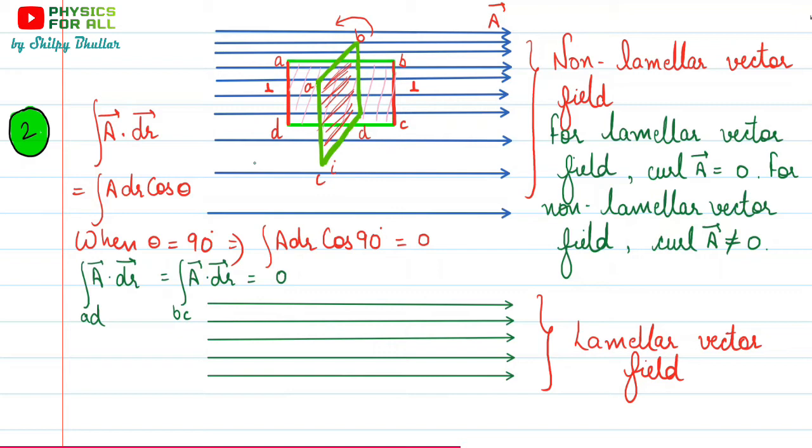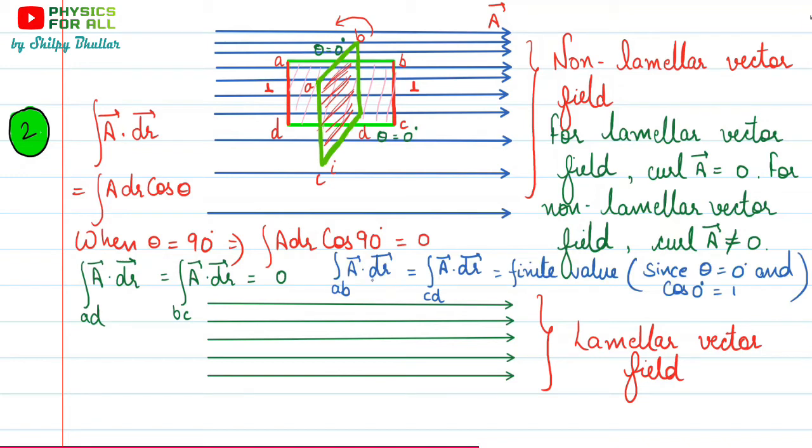But what about AB and CD sides? Well, they are totally aligned in the direction of vector field. That means here the theta is 0 degrees. So let me mention here theta 0, and here also theta is 0 degrees. In that case, what would be the line integral? Well, it would be something.